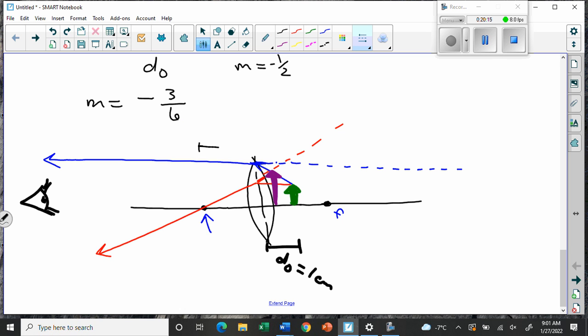The distance to the focus is 3 centimeters, like that. And let's see what happens. Clearly, the focus has to be larger than the DO, because look where the object is sitting, right? It has to be less than 3. So we're going to say that F is going to be 3 centimeters, but we have to decide about this negative thing, okay? And we're going to say that DO is 1 centimeter.